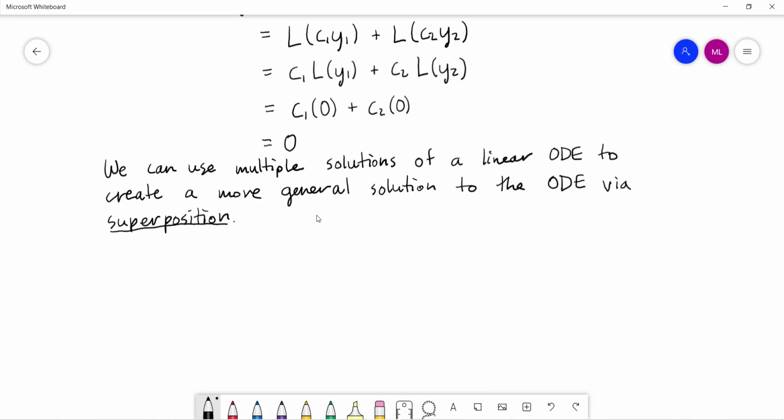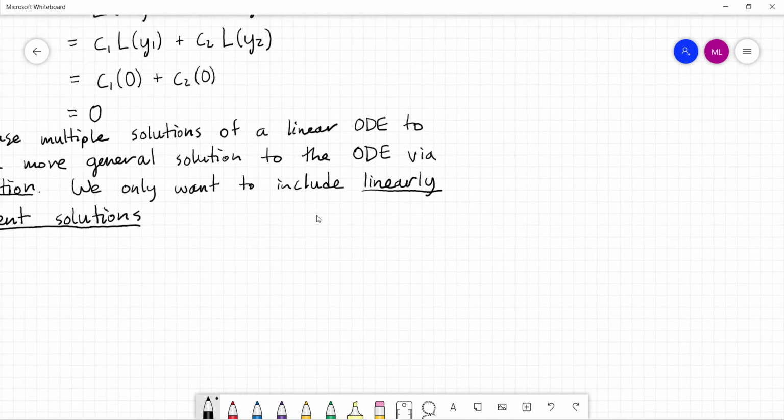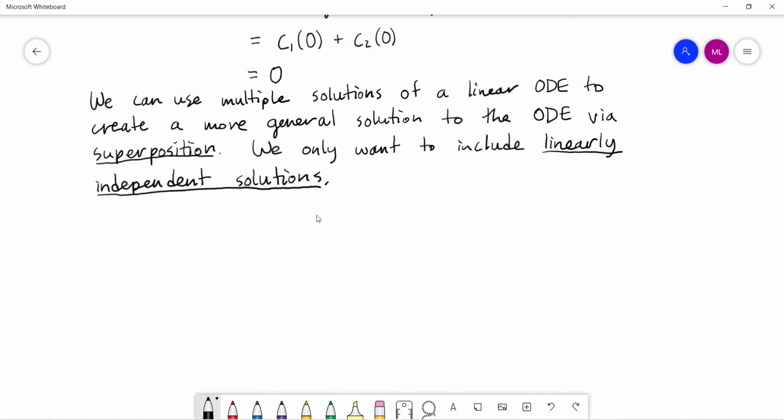Okay, the only requirement is we only want to include linearly independent solutions. Okay, whoa. So what on earth is a linearly independent solution? So let's see if we can think about what that means.